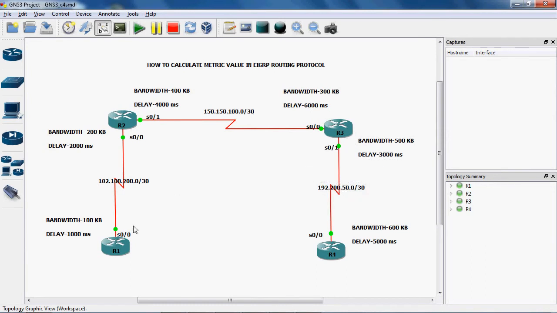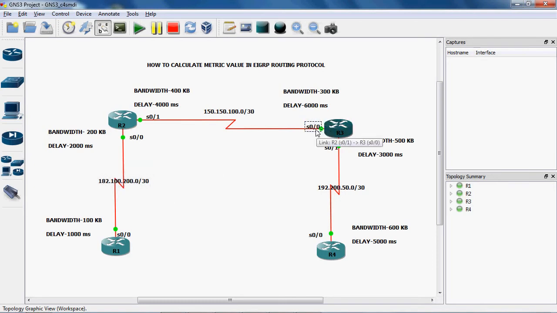Next, the indirect connected network. 182.100.200.0 is an indirect connected network. If it is an indirect connected network, we find the advertised distance and feasible distance. In the advertised distance we don't use the source value. The R3 router can reach this network through which port? Serial 0/0.